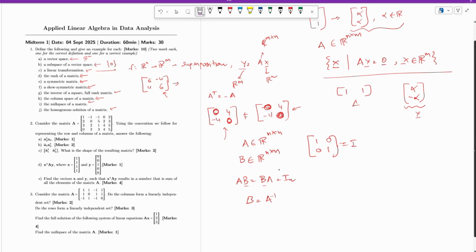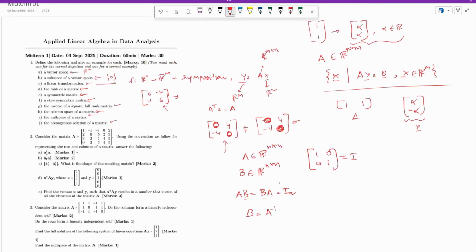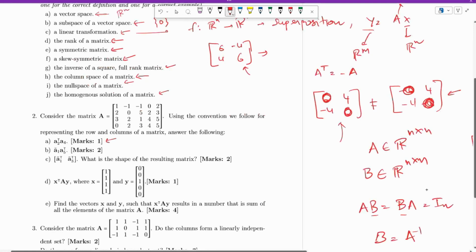Okay. I've not looked at these, but I assume most of you got these right. What is A2 transpose A4? What is A2 transpose? What is A2? Yes, the second column of A, inner product of that with the fourth column of A. So you take the transpose of this, and then you take the inner product with this.